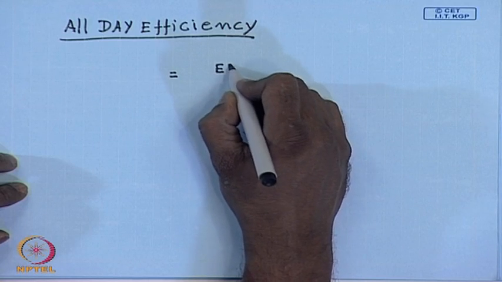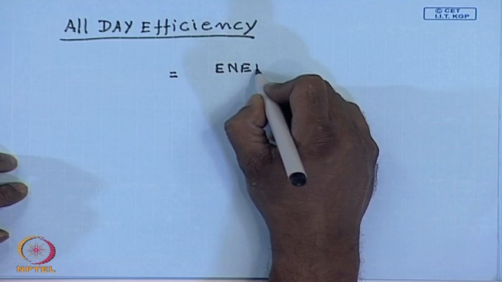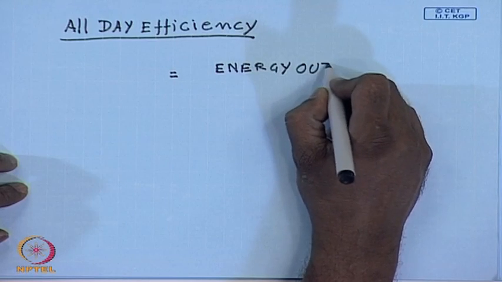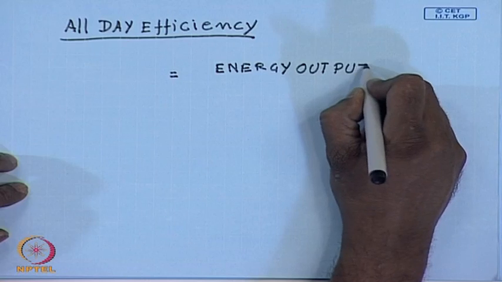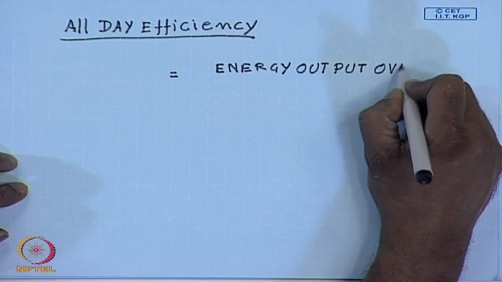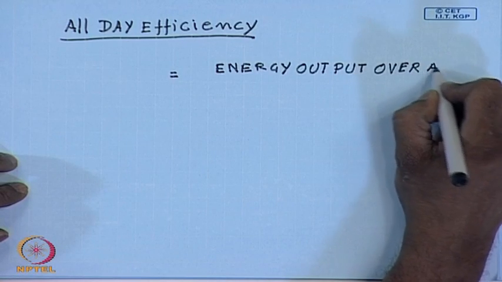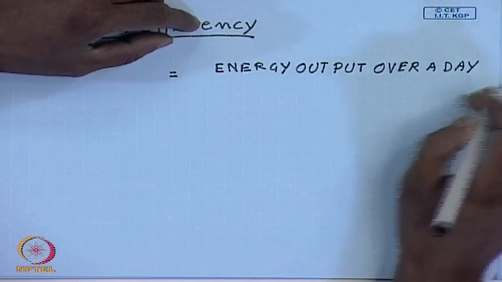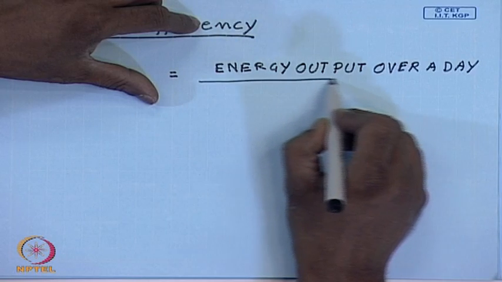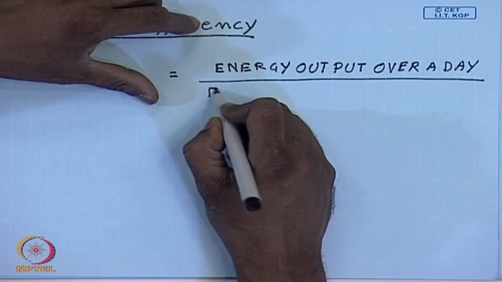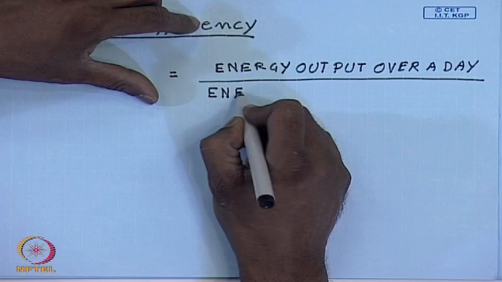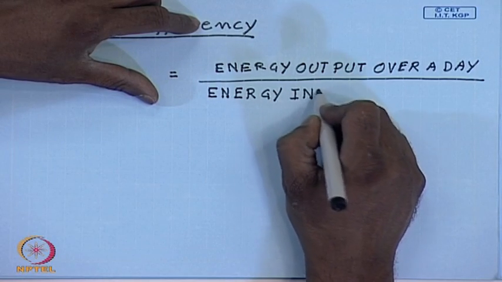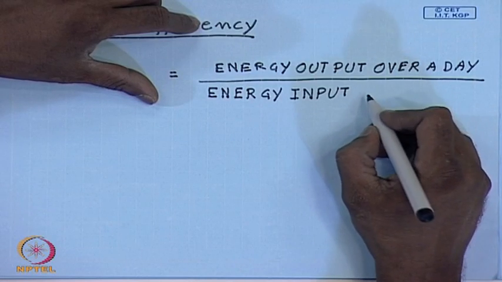energy output of the transformer over a day divided by energy input to the transformer over the day.